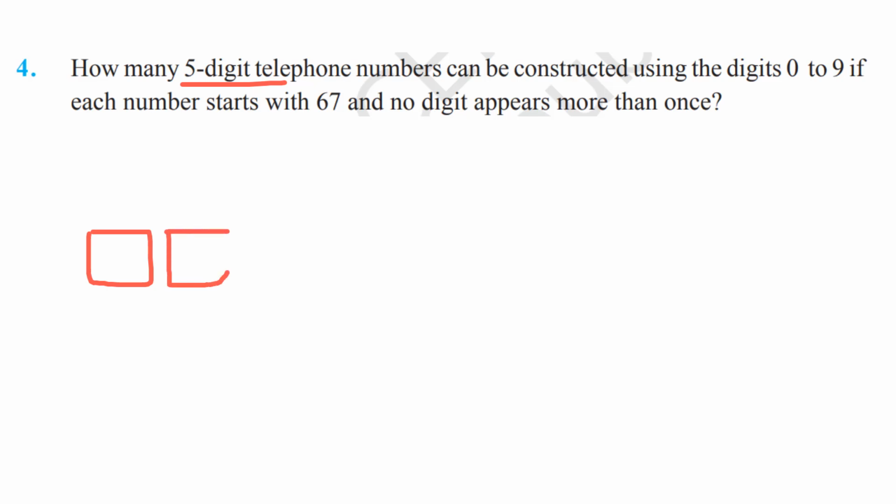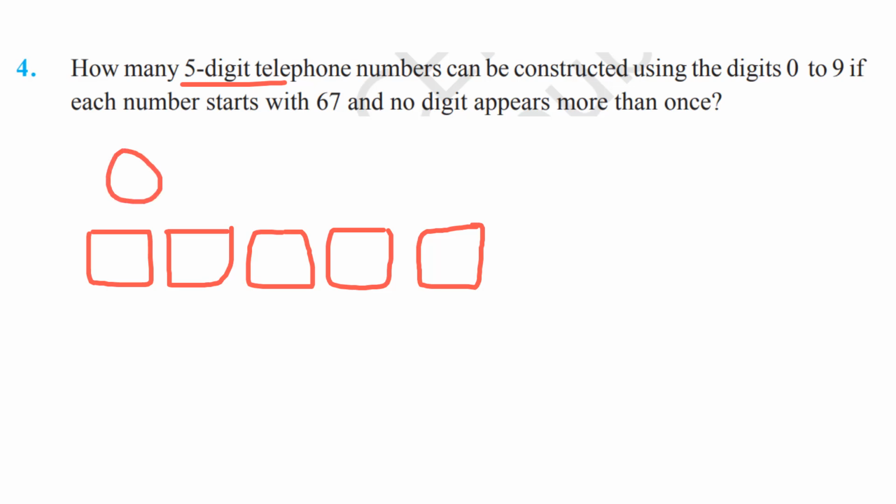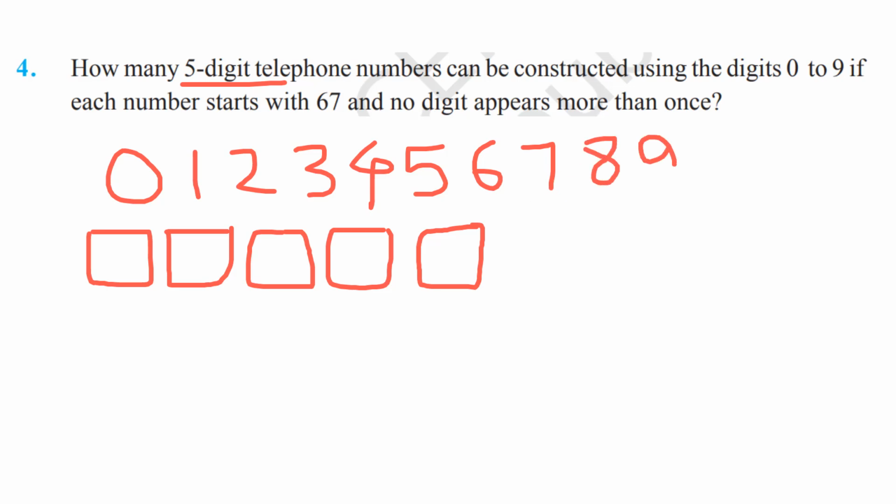It means we have 5 positions. To fill these 5 positions, we have digits 0 to 9: 0, 1, 2, 3, 4, 5, 6, 7, 8, 9.